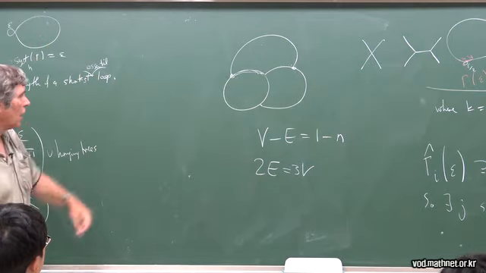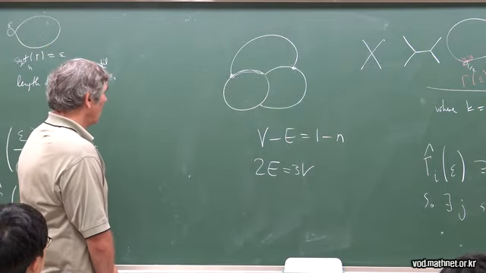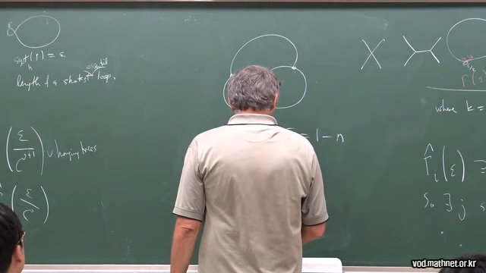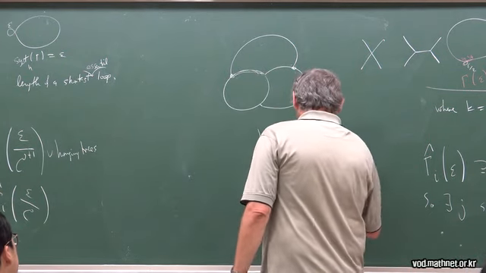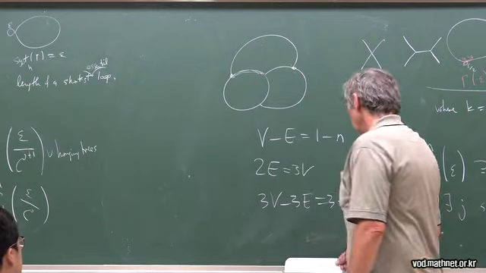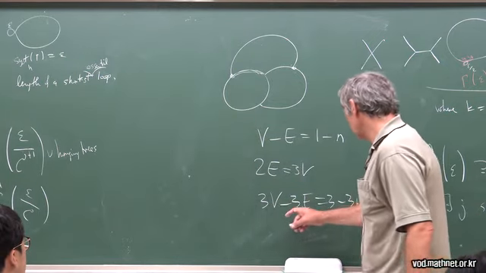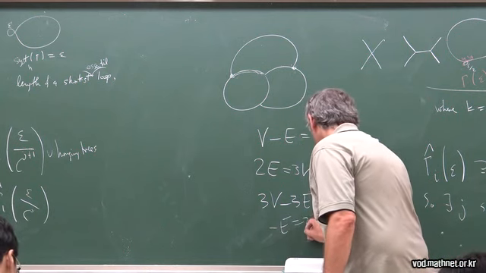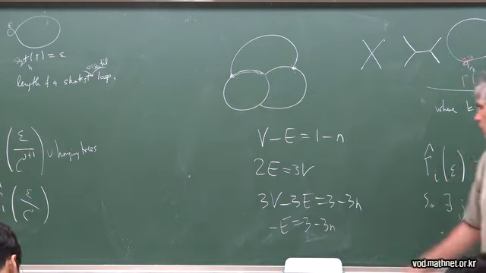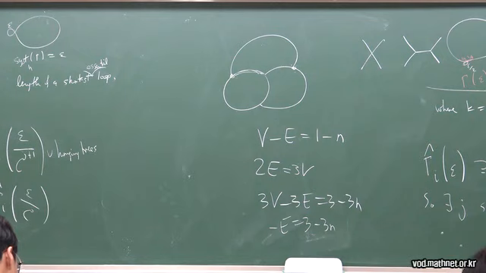So 3v minus 3e is equal to 3 minus 3n. But 3v is 2e, so minus e is equal to 3 minus 3n, and there you go. So e is 3n minus 3. If all vertices have valence 3, then this is the number of edges.